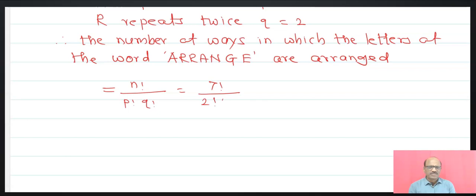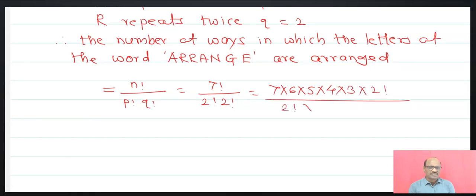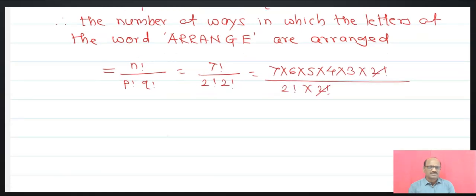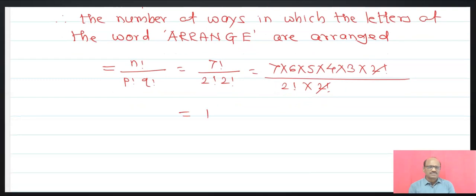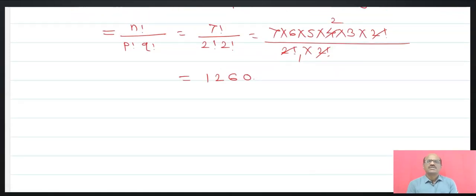That is 7 factorial upon 2 factorial into 2 factorial. That gives all the words formed by the given letters, and the calculation is 1260.